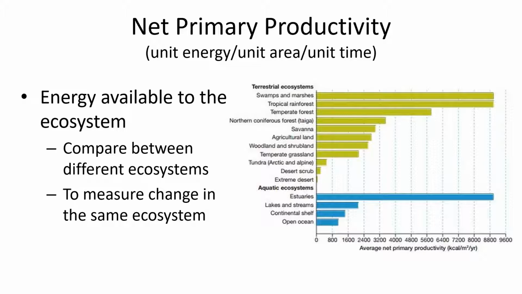If I were to put a meter square down, how much phytoplankton would I really get? As opposed to going into a tropical rainforest and putting down a meter squared, where I get a lot more producers in that meter square. So that's why it looks so unproductive. But if I were to look at the total area, it would be highly productive because there's so much ocean and it's so big.